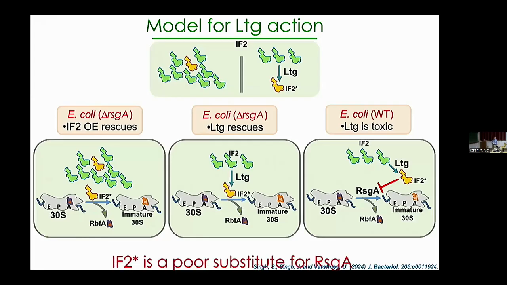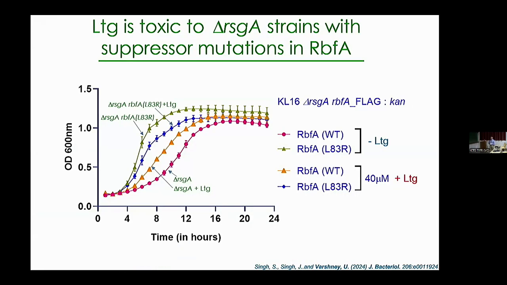Now, if this whole thing is correct, then if we isolate suppressors in the RBFA protein such that they don't require any help, either from RSGA or from IF2, it should actually become independent. And this is basically what we find: you have a situation where in delta RSGA, lamotrigine is rescuing it.